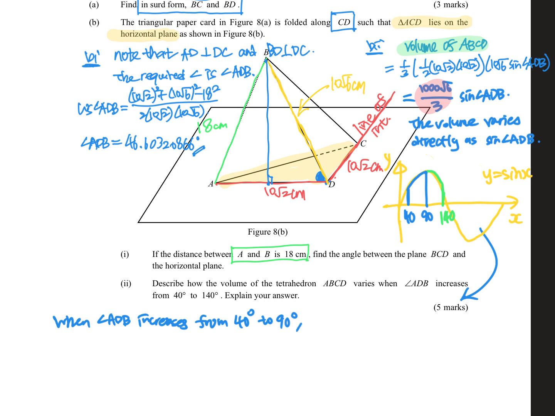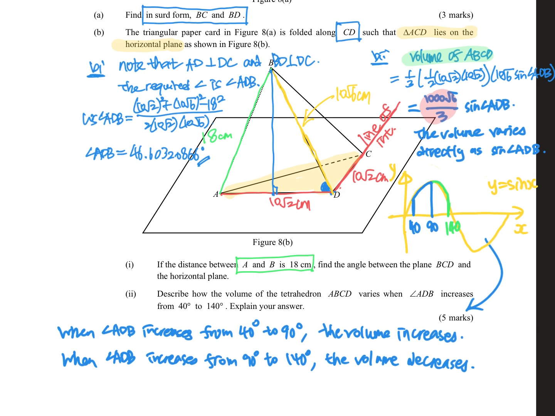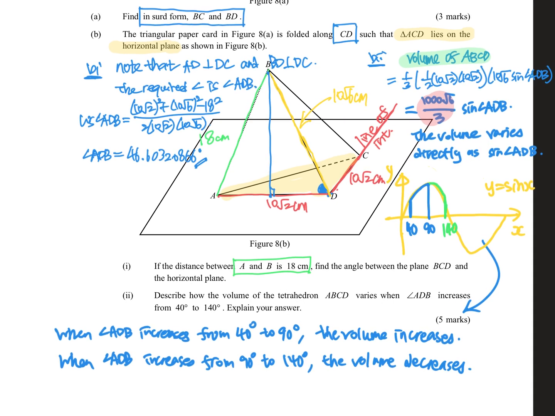So from 40 to 90, the volume increases. And then when angle ADB increases from 90 degrees to 140 degrees, the volume decreases. Good. And that's all for B2, as well as the whole question. Thank you for watching.